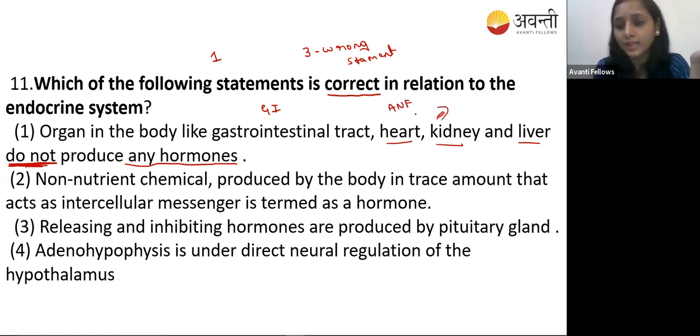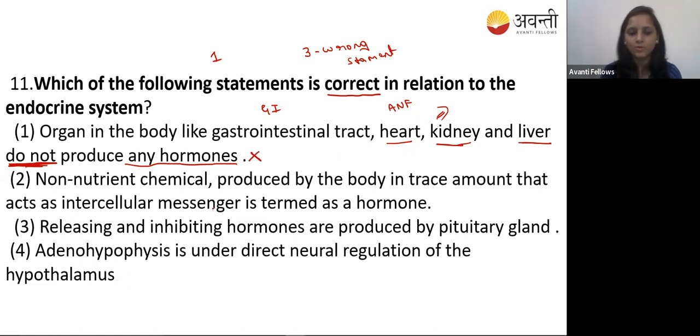Then the kidney also produces the hemopoietic hormone, which is helpful in the production of red blood cells. Then the liver also produces hormones. But here they are telling that they do not produce any hormone. No, they do produce hormones, so this statement is wrong.